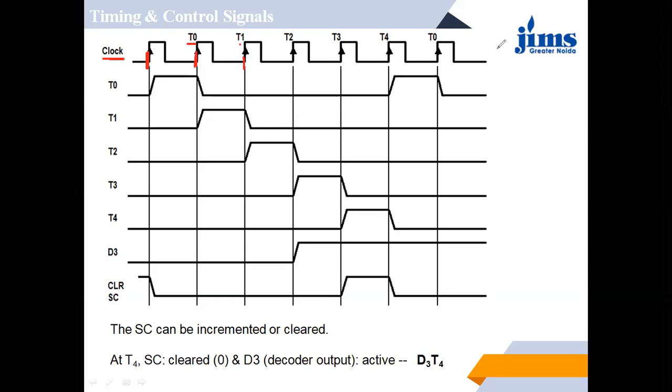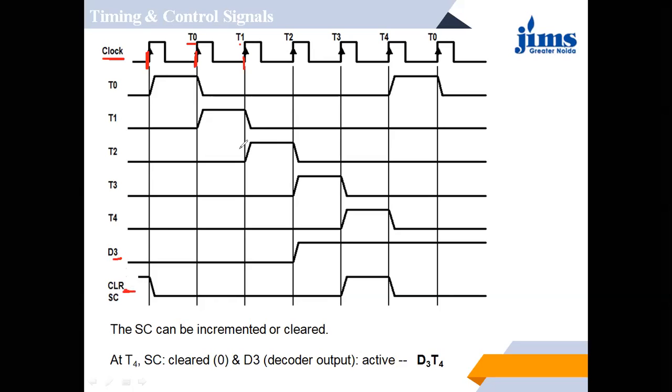These are different cycles, the T0, T1, T2, T3, T4 and T5. Now this is a data line, suppose D3, and this is a clear line.